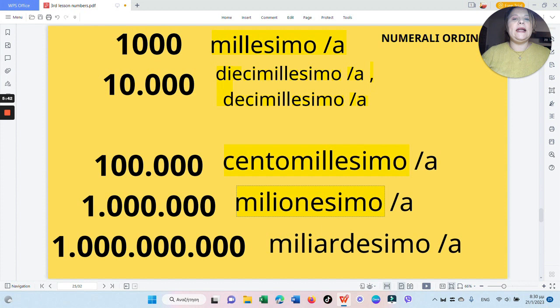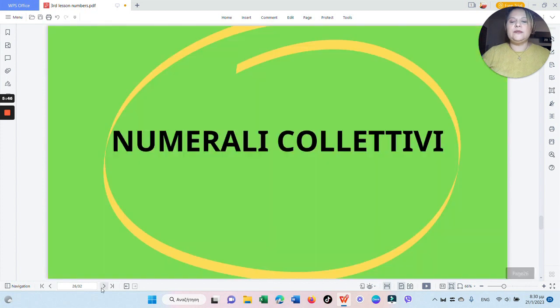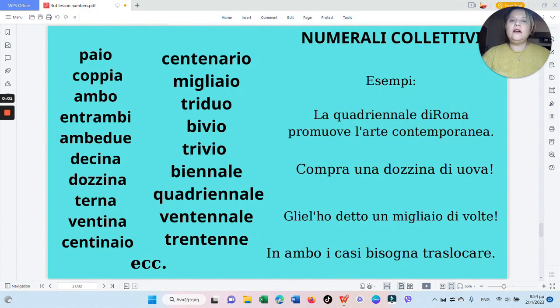Milionesimo, one L. Milionesimo, miliardesimo, and so on. Numerali collettivi, collective numbers.